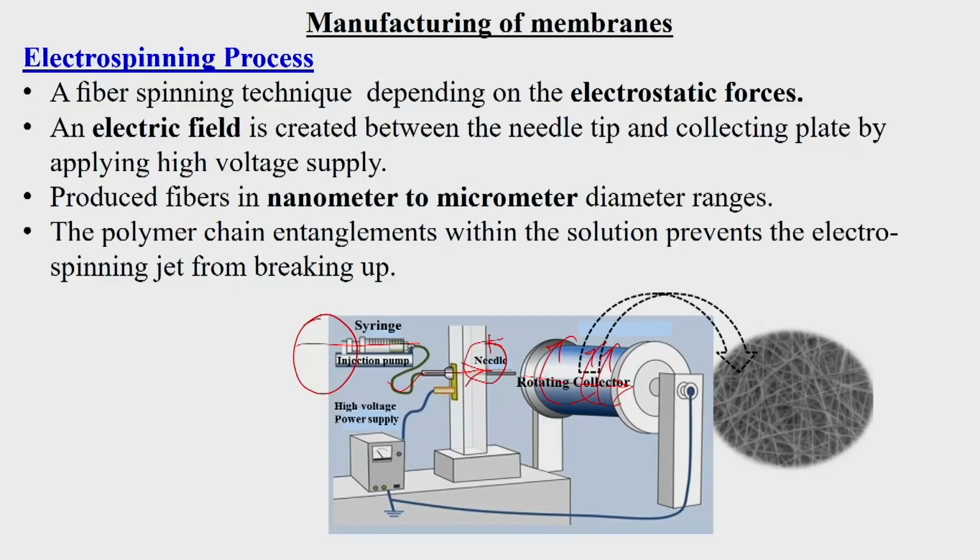Whenever we have many rounds of the rotating disc, and the jet is coming out from the needle of the syringe, suppose the rotating disc is negatively charged. Due to this charge distribution, whenever the polymeric fiber comes out, it will wind on the rotating disc collector, and ultimately it will be obtained as the film.